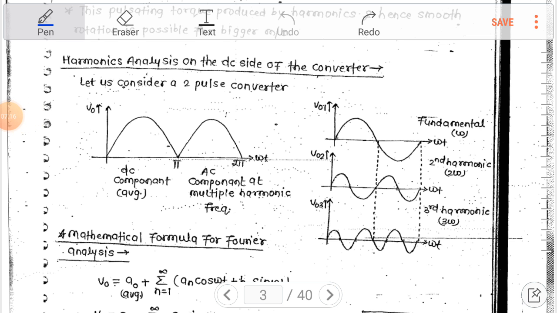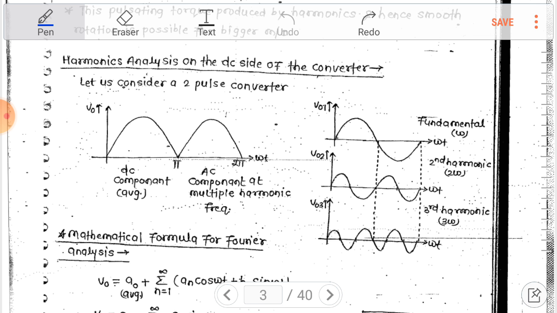Next is harmonic analysis on the DC side of the converter. To analyze the harmonics, we use the Fourier series, and you know that by using the Fourier series we can convert any waveform into a DC component and multiple harmonic frequency components.